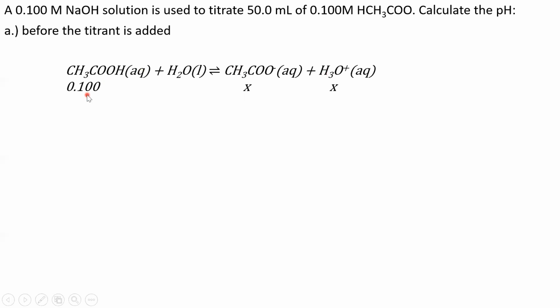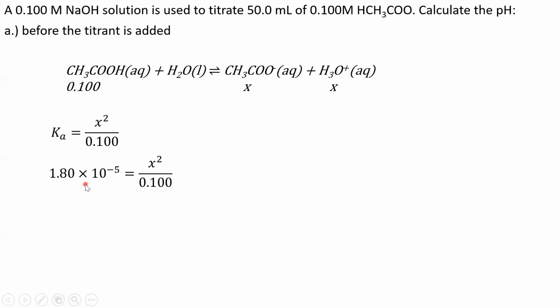We start out with 0.100 acetic acid, but it doesn't all react. Only a little bit of it does. So we're going to have conjugate base and hydronium left in the solution. We can write a K expression, products over reactants.